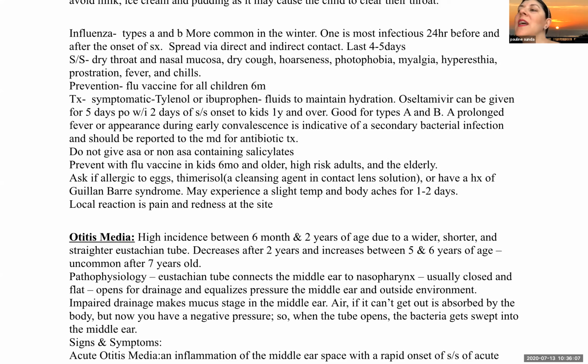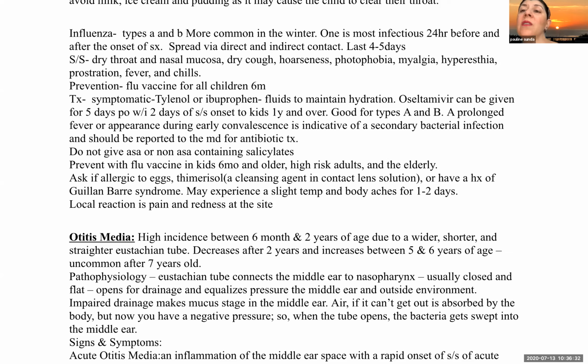If the child has a prolonged fever or an appearance of a fever during early convalescence, this can indicate that the child has developed a secondary bacterial infection. It's necessary to report this to the physician, because then the child may need antibiotics. In general, the flu is not treated with antibiotics.